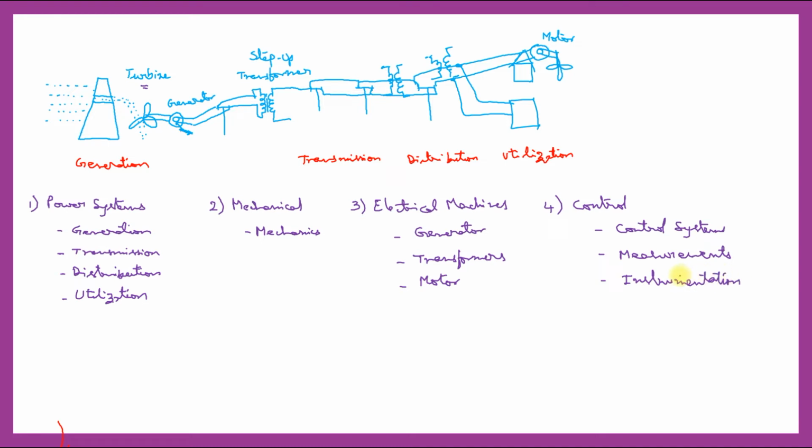This instrumentation is somewhat bigger, and we can study it in detail also. For that purpose, even electronics and instrumentation engineering was developed. For them also there are very good opportunities in many companies. So this comes under control.